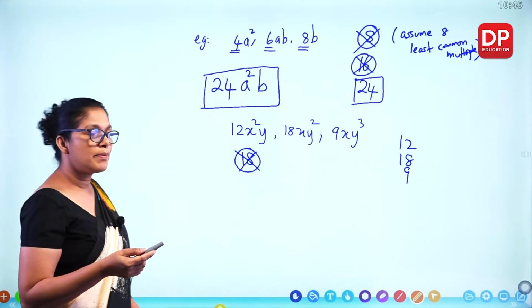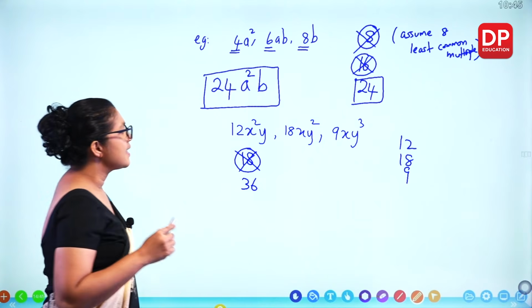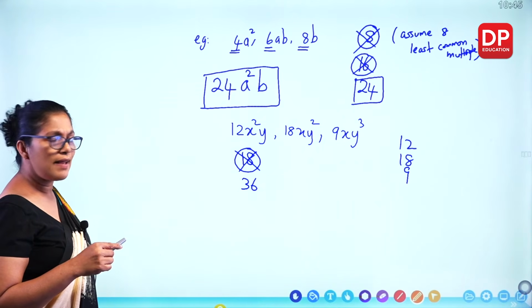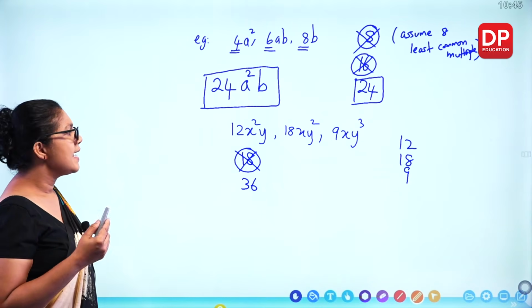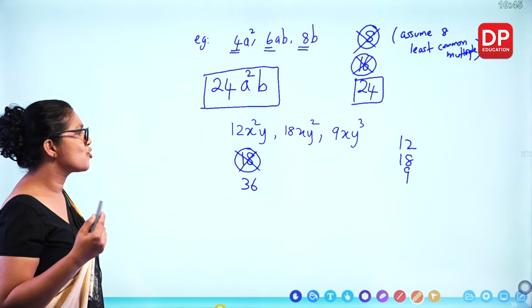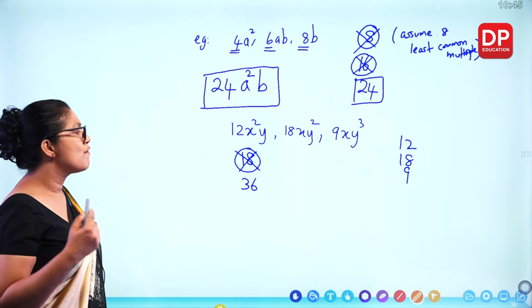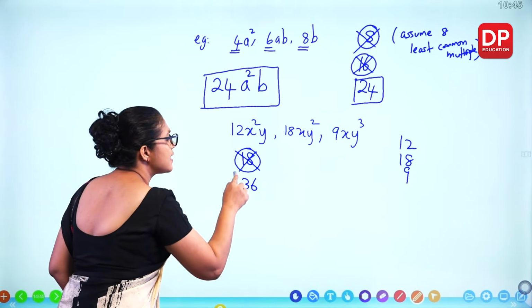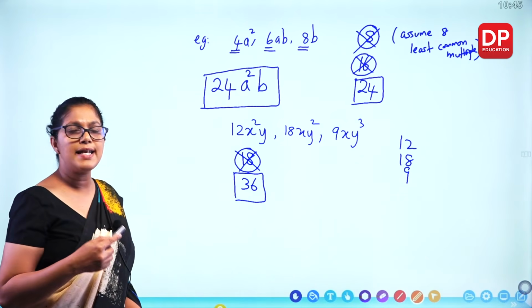Then take the multiple of 18. 18 times 2, you get 36. Can you divide 36 by 12? Yes, that's 3. Can you divide 36 by 18? Yes, that's 2. What about the other one? 36 divided by 9, you get 4. So that means 36 is the least common multiple of 12, 18 and 9.